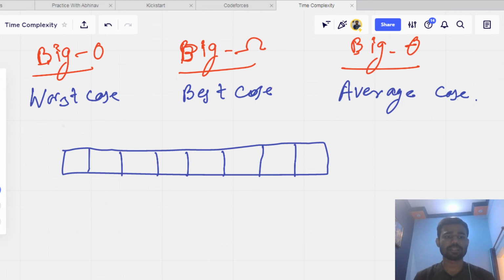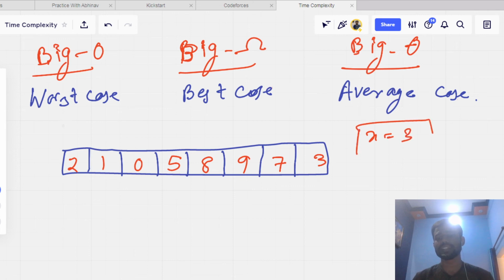Now let's fill some elements in this array. For example, 2, 1, 0, 5, 8, 9, 7, 3. This is the particular array. And we have to perform linear search on this array. For example, our target element x is 3. We have to find 3 in this particular array.